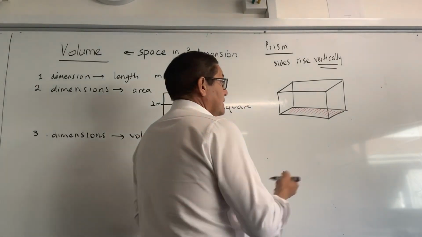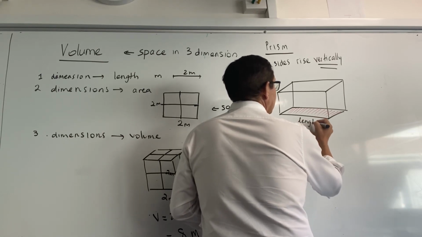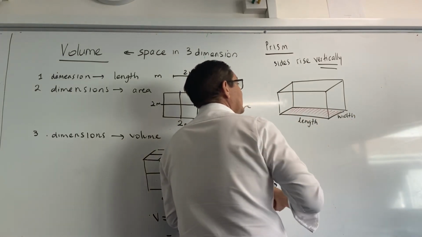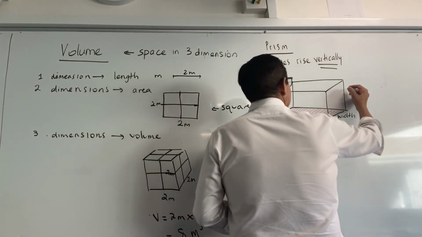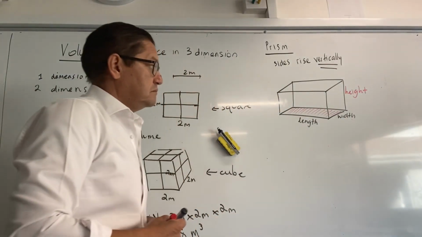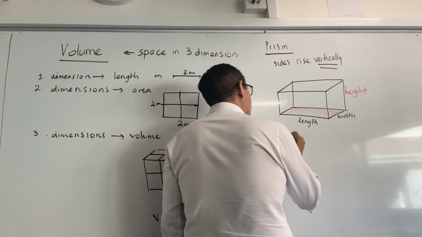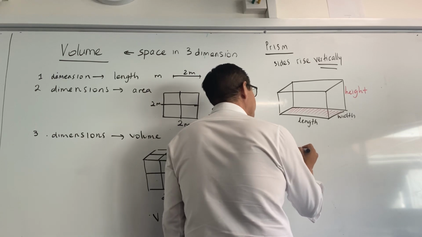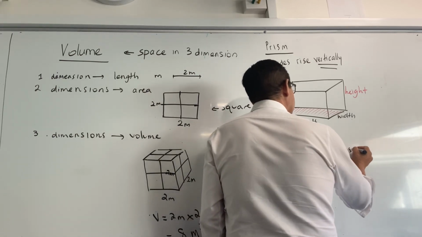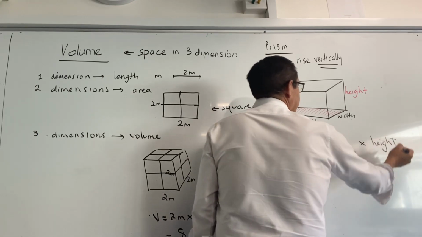This is the length, this is the width, and this here is the height. I want you to think as the volume of any prism. This is the formula for it. The area of the base times the height.